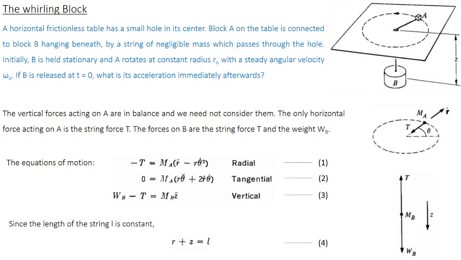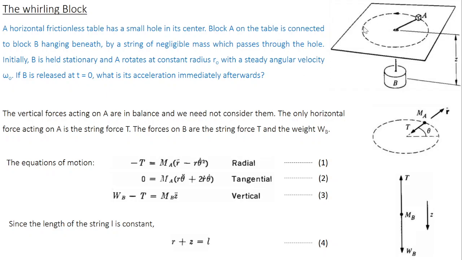First thing, we need to identify what are the forces acting on body A and body B. In the case of body A, it is moving on the surface of the table, which means motion is confined to this horizontal plane. There is no vertical motion. In other words, the vertical forces are balanced, so we need not consider the vertical direction at all.